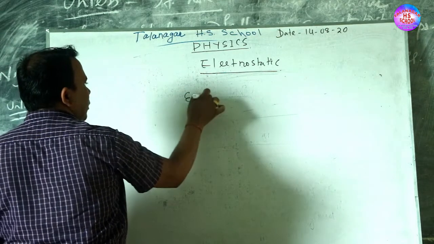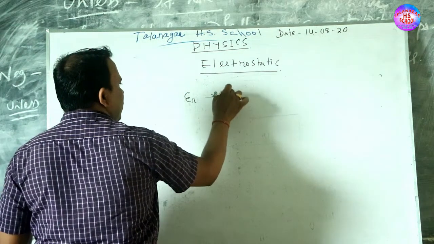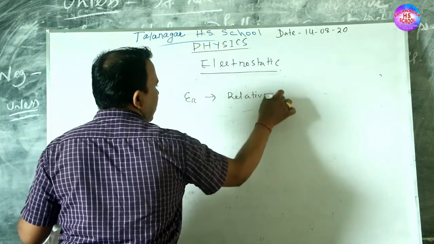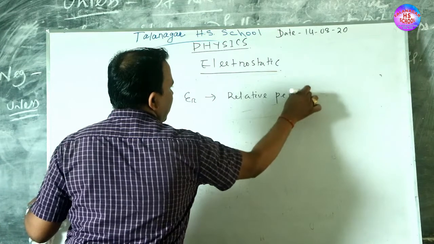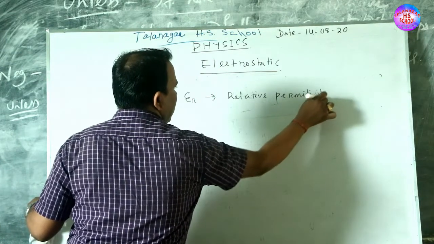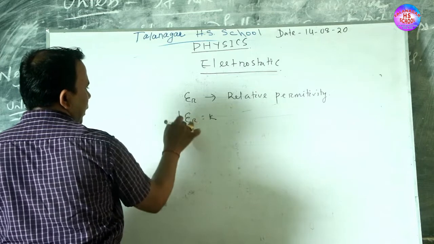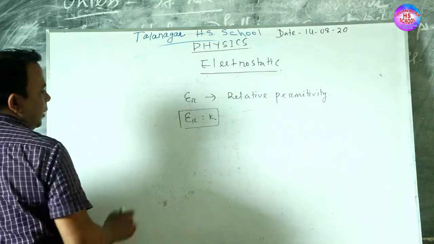Epsilon r is the relative permittivity. Epsilon r is the same as k, the dielectric strength or dielectric constant.